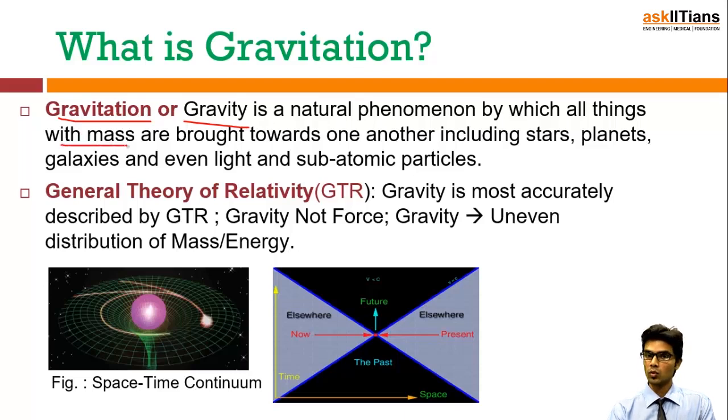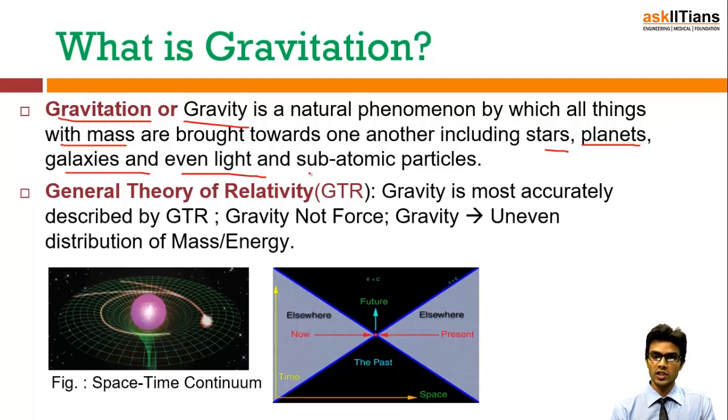Without mass there is no gravitation. So mass is necessary for gravitation, and it is applicable to stars, planets, galaxies and even light and subatomic particles. That means gravitation is applicable to every particle of the universe having mass.